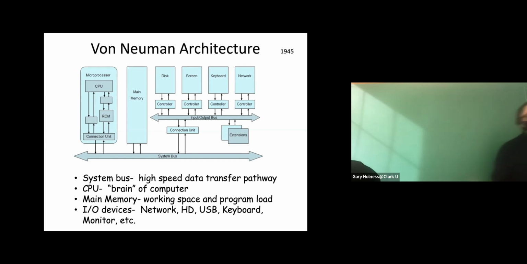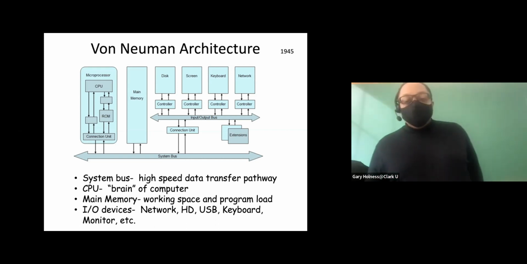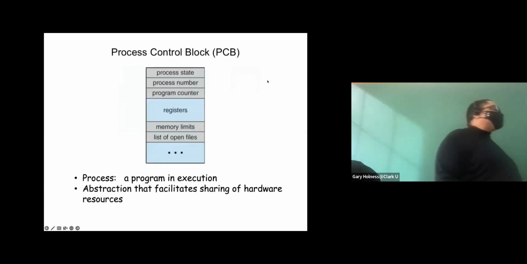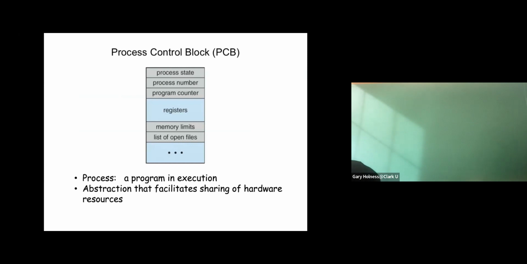Jar your memory? So when we have a program in execution, that's called a process, and a process needs pieces of information reflecting all of those interactions that it has with the various components of your machine, for your von Neumann architecture.